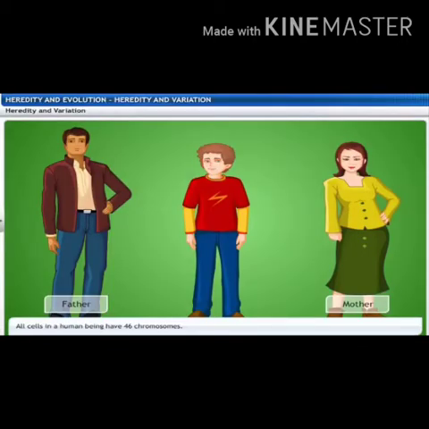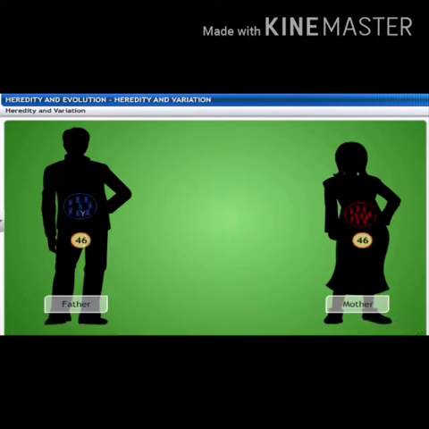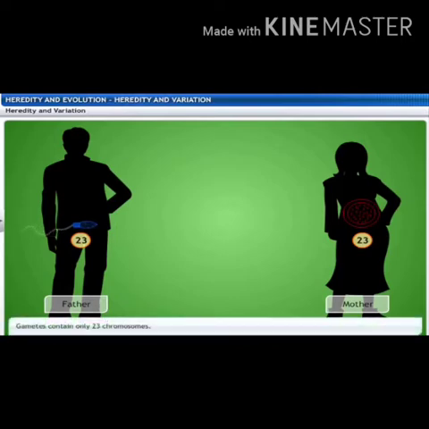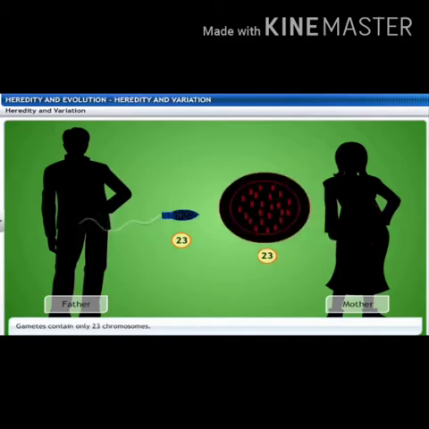This boy resembles his mother in skin color and father in height. Let's see why. All the cells in his father and mother have 46 chromosomes each. During the reproductive process, his father produces a male gamete and his mother produces a female gamete, each with 23 chromosomes.